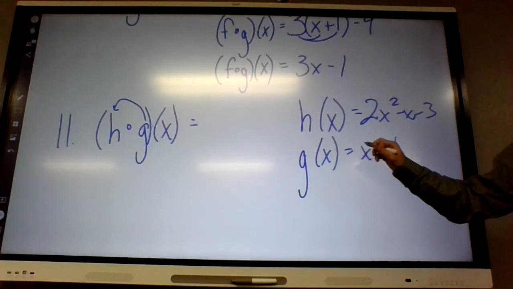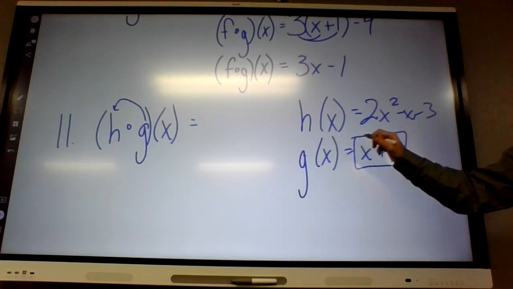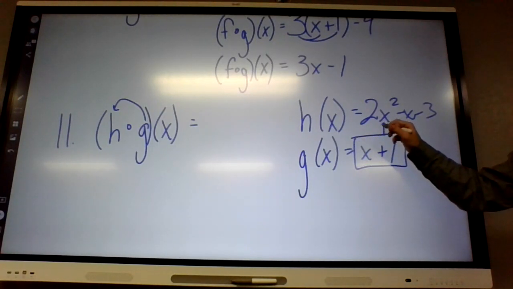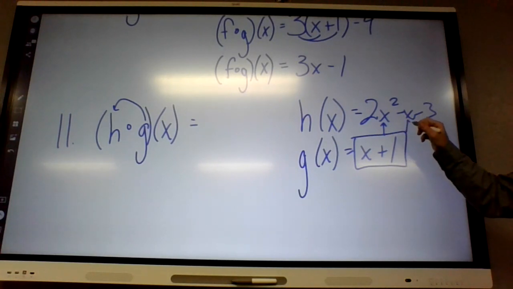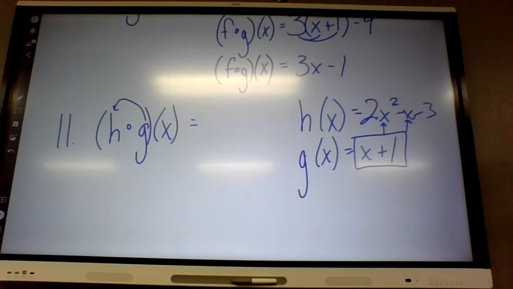So I'm going to pick this up and replace x. Now notice x is in two spots on this one, so I'm going to have to put it there and there.